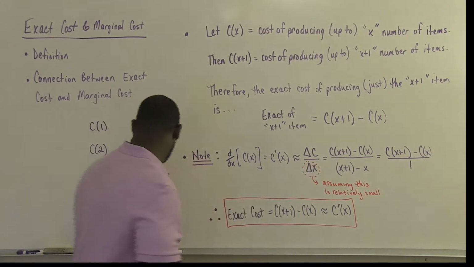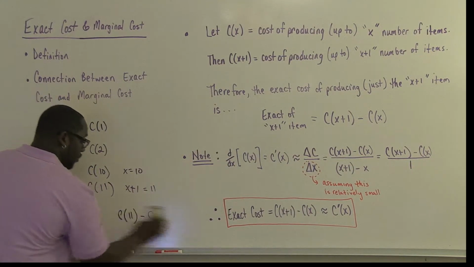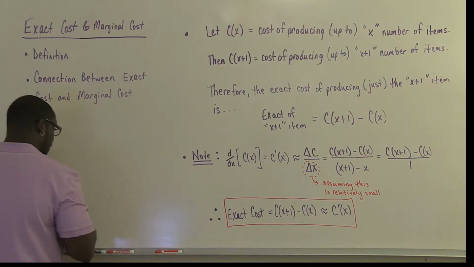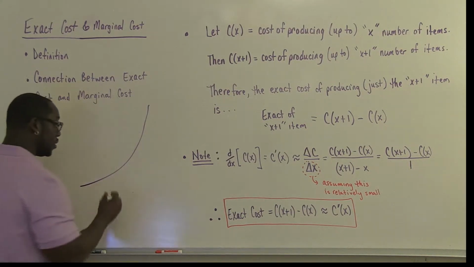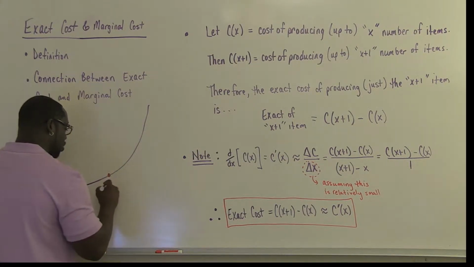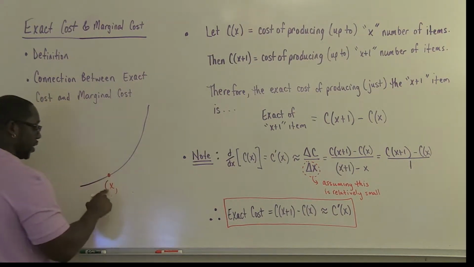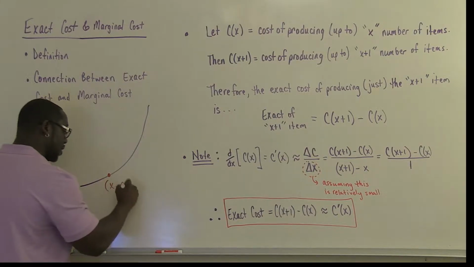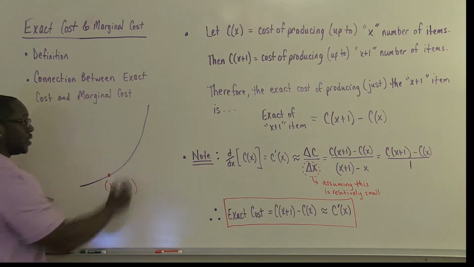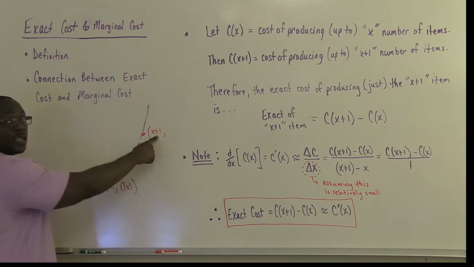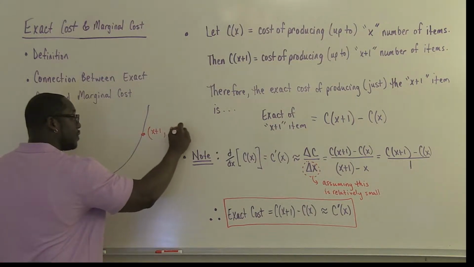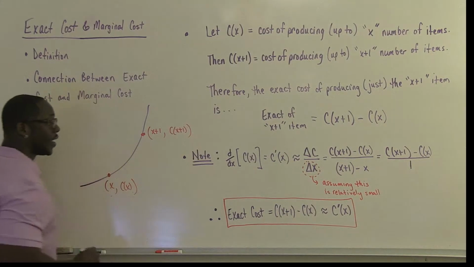That could be a situation where if we had a cost function that looks something like this, then we want to know the rate of change at this point here, which is so many items, there is a cost. And then if we go up here, we add one more item to that, hence the X plus 1, and there is an associated cost with that.